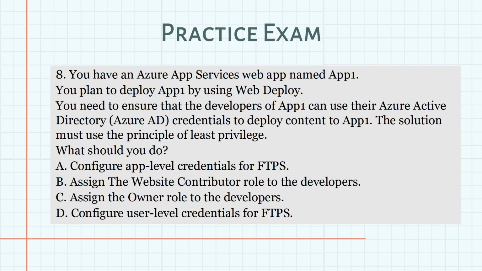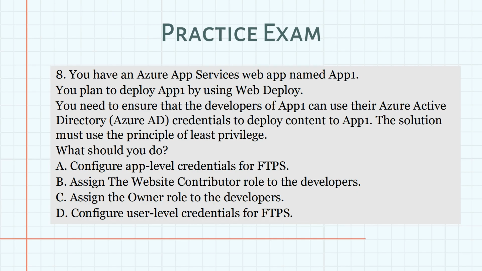8. You have an Azure App Services web app named App1. You plan to deploy App1 by using Web Deploy. You need to ensure that the developers of App1 can use their Azure Active Directory, Azure AD, credentials to deploy content to App1. The solution must use the principle of least privilege. What should you do?